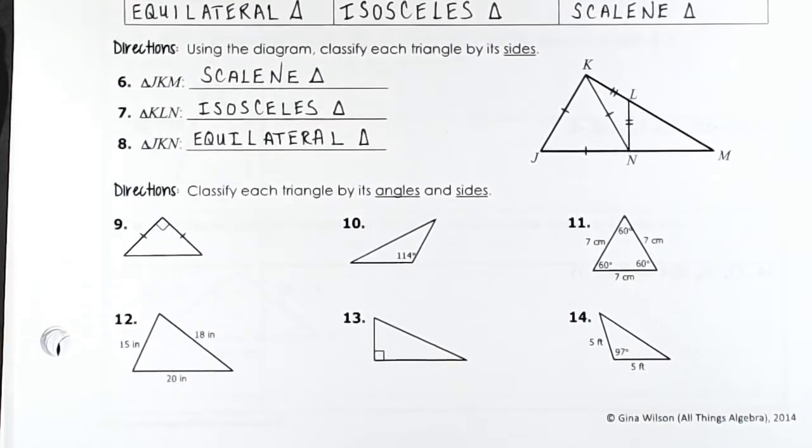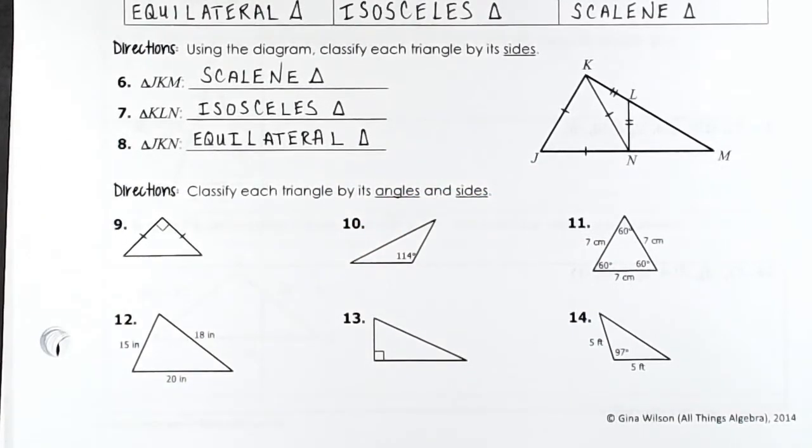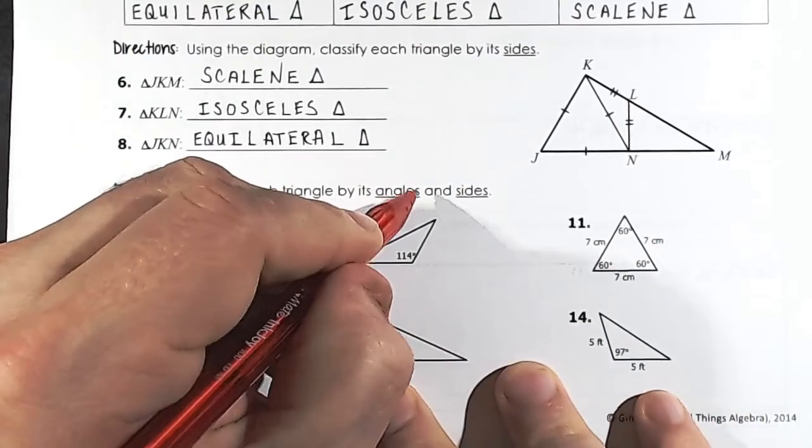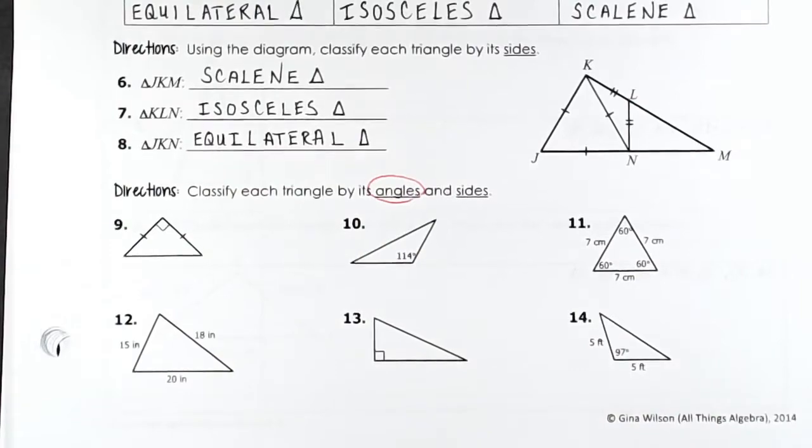We'll see if that red pen has any ink in it. So the angles will be in red, and the sides will be in blue.